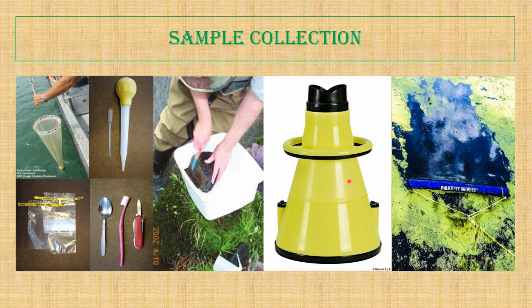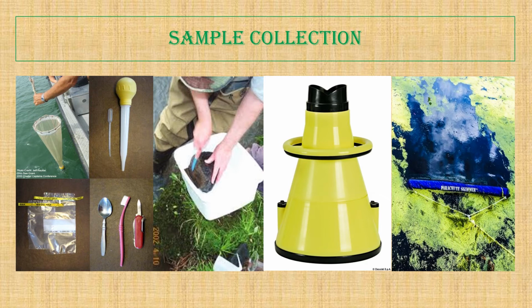On-site algal sampling and analysis can be done using this aquascope. While collecting benthic periphytonic samples, the best tool is a toothbrush, or we can just scrape it with a knife or a spoon.